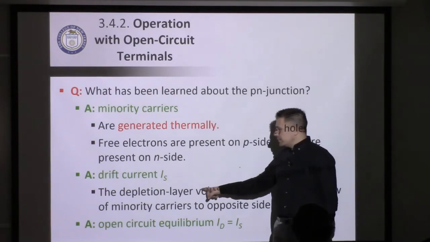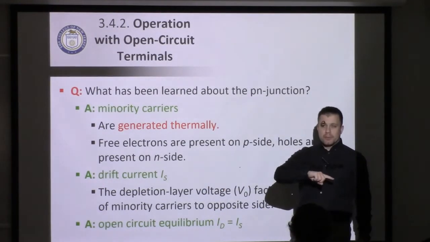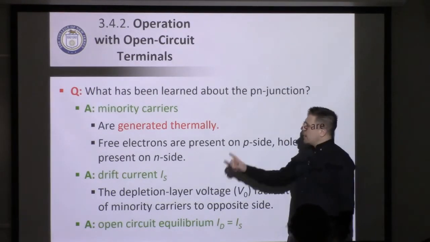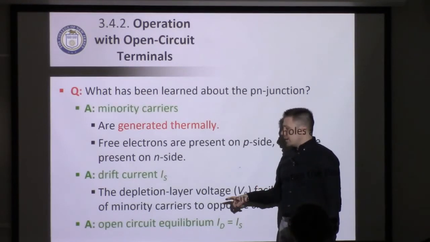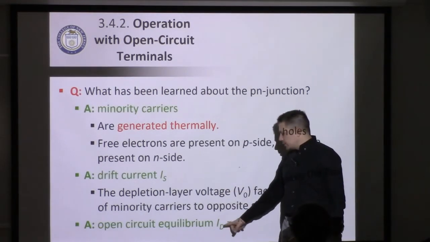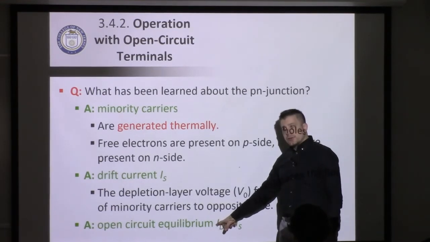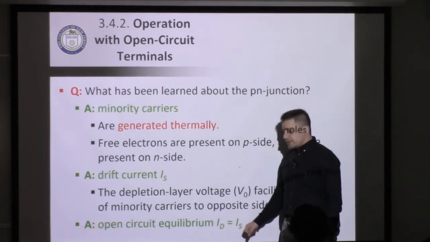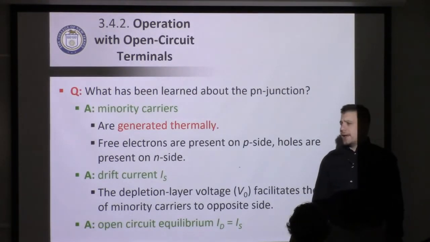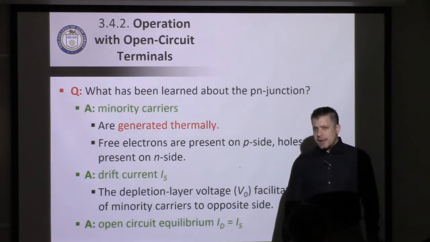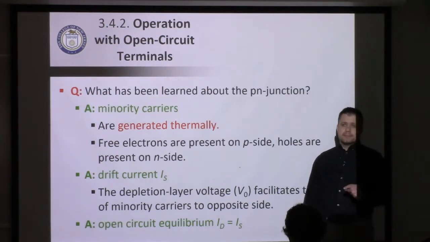The drift current is going to be affected by the built-in barrier voltage and applied to or cause the movement of the minority charge carriers. And so the equilibrium occurs when the diffusion current drops to the point where it's equal to, but has the opposite direction of IS. And IS, again, that value does not change with V naught.